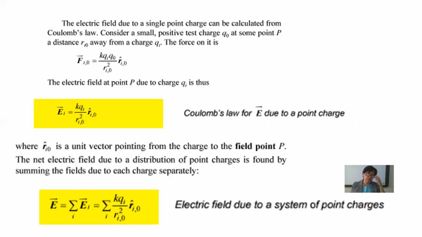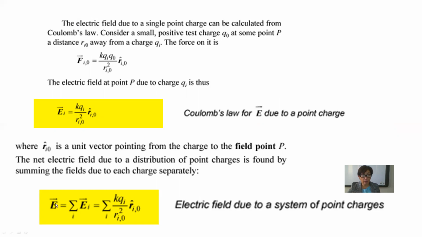But we replace the force with the electrical field at the point P due to the charge. Here is the formula, Coulomb's law for the electrical field due to a point charge, where the unit vector points from the charge to the field point P. The electrical field due to a distribution of point charges is found by summing the electrical fields due to each charge separately.